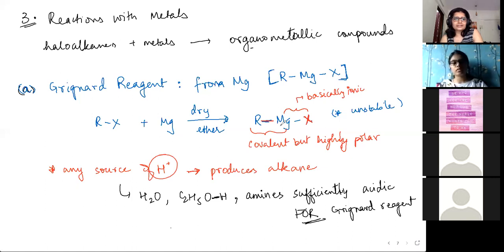It wants to form an ionic compound. It wants to bond with something rather electronegative. It doesn't want to do covalent bonds. So just there being a chance of swapping between hydrogen and an electronegative atom is sufficient for Grignard reagent.